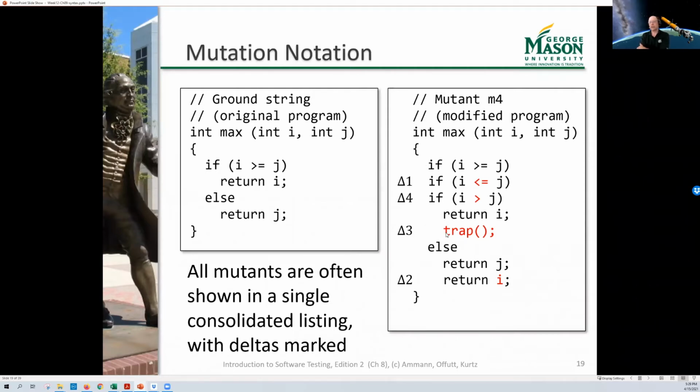And so number 3, trap replaces return I. So you'll see this notation a lot, and we'll use it pretty extensively because it's just a nice compact way to denote several mutants without having to write the whole program again and again. And so we'll often refer to these as mutant 1 or delta 1 or M1, and mutant 4, delta 4, M4. Those are all notation that we'll use to refer to that particular mutant.